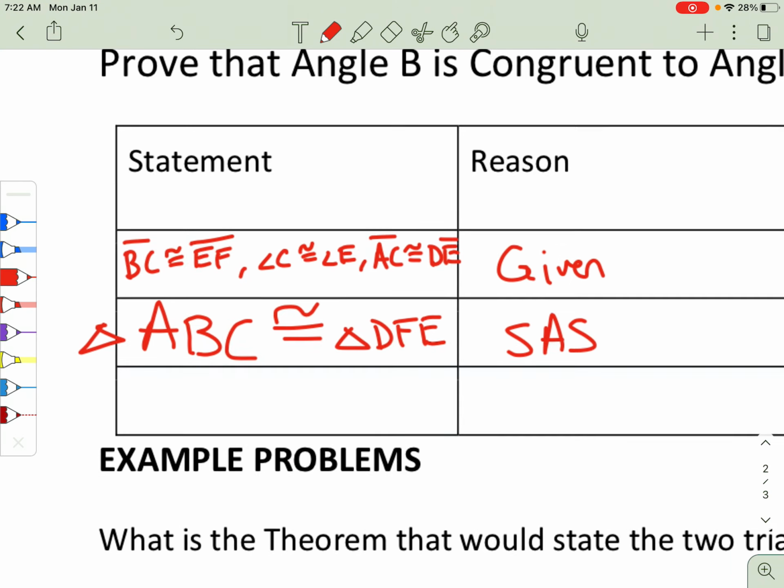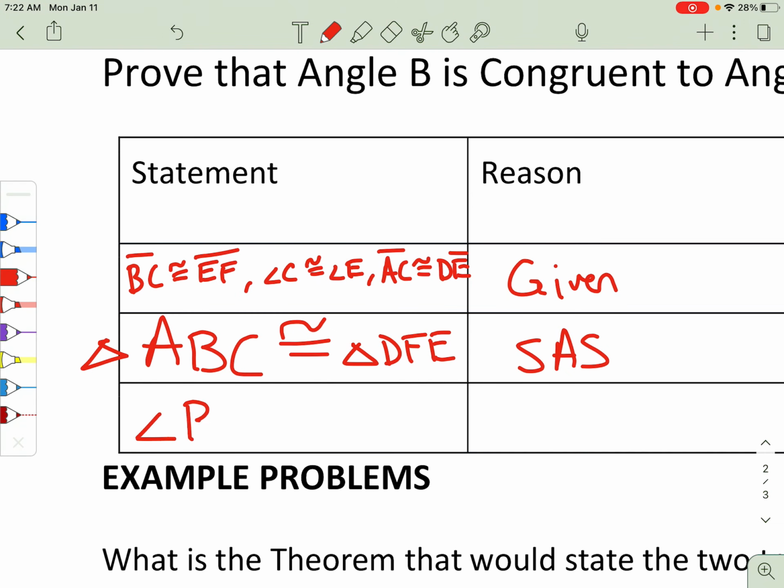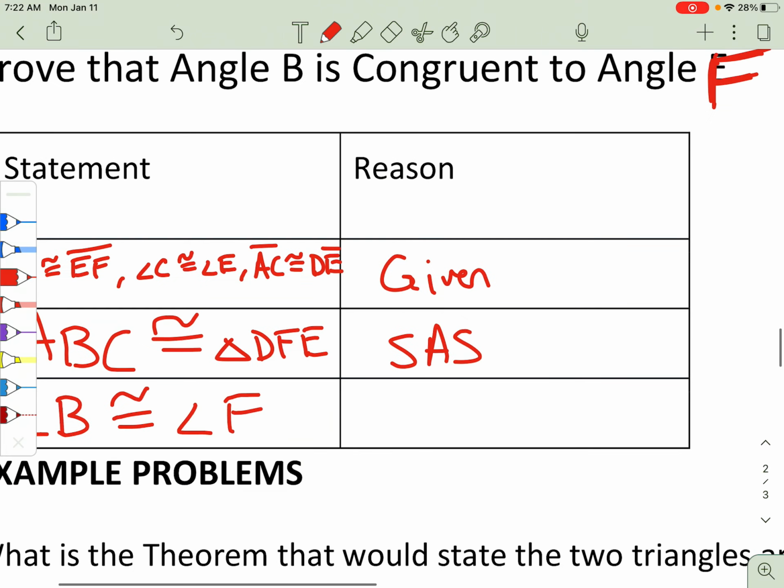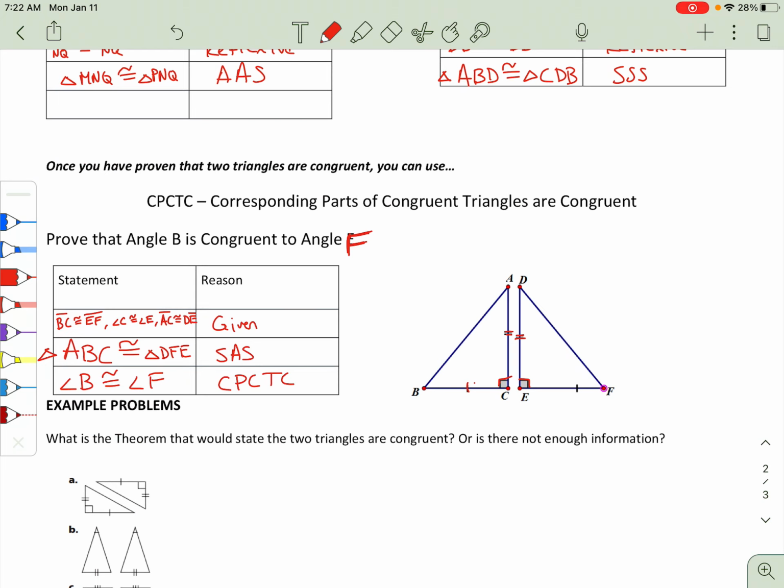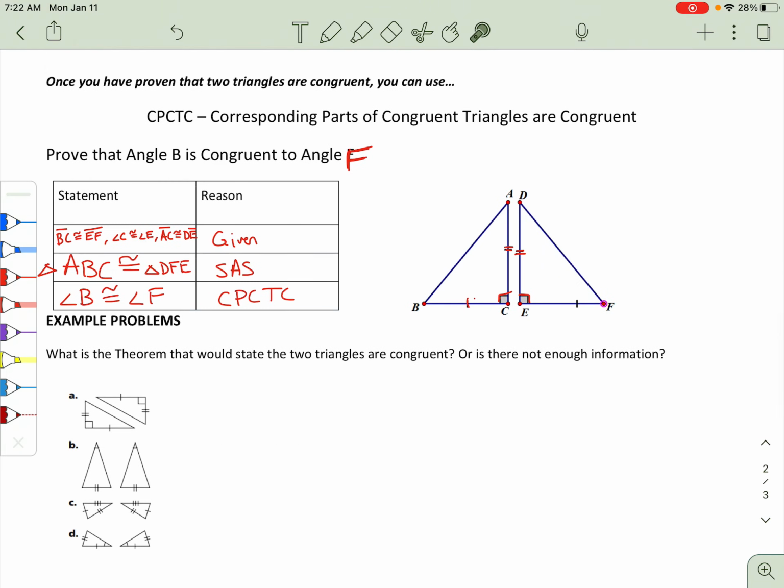So now, because we know that, we can say that angle B is congruent to angle F because of CPCTC. Corresponding parts of congruent triangles are congruent. So since we knew it went this way and this one goes this way, we know that those have to be the same. Okay? All right.